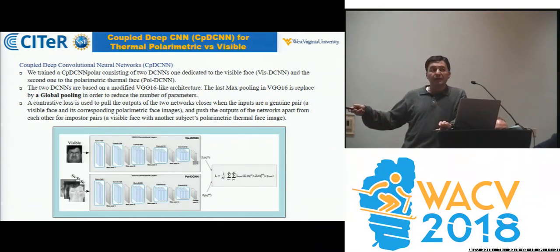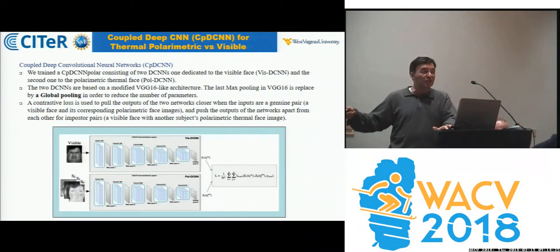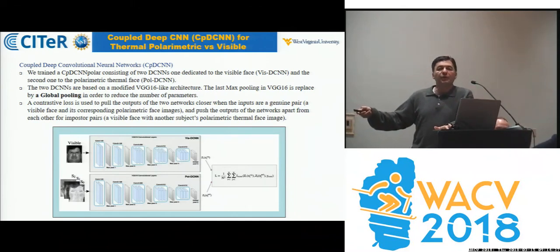We pre-train on ImageNet, then CASIA faces, lots of things going on. Then we take the visible imagery weights and transfer them here because we don't have a lot of thermal data, and we train on CASIA thermal imagery, and after that we train on our training data sets, because our training data set is not so big. So there's a lot of engineering going on before we start.